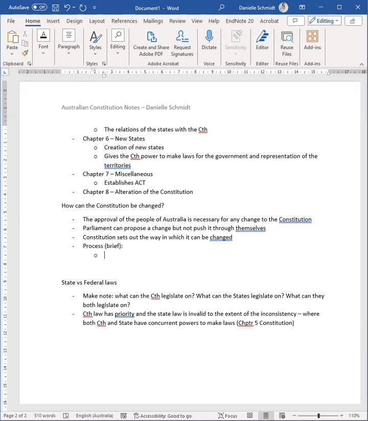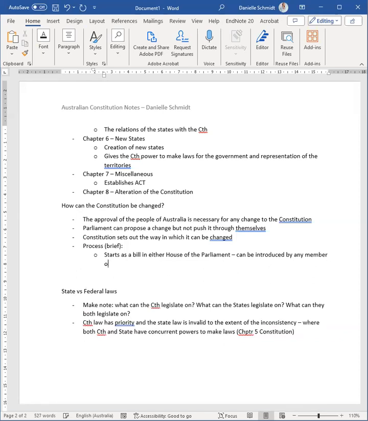That's another video in itself, but it starts as a bill in either House of the Parliament and can be introduced by any member or senator. A constitution alteration bill goes through the same stages and follows the same procedures in each house as any other bill.